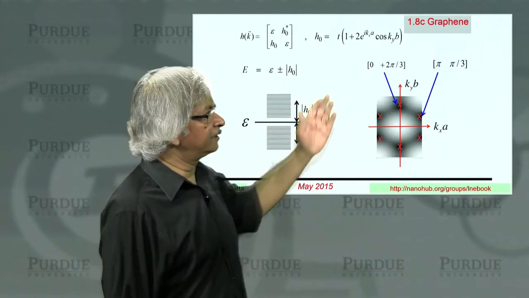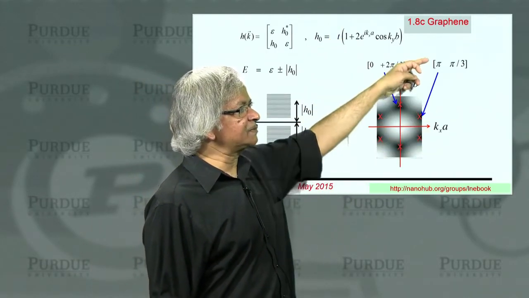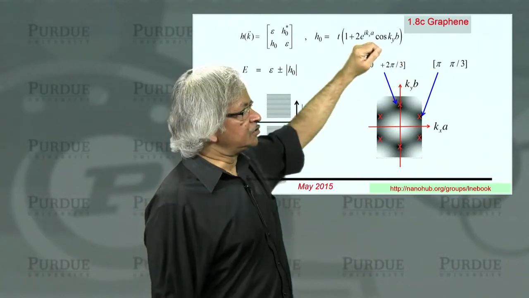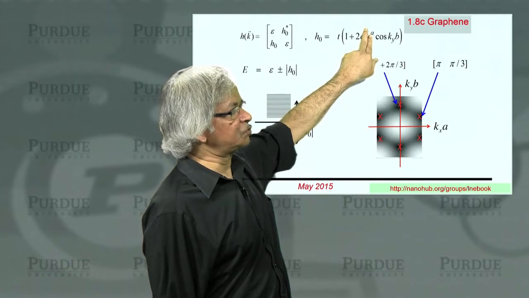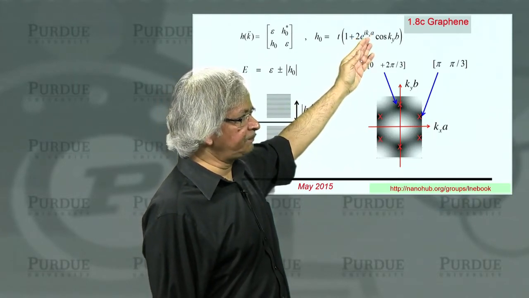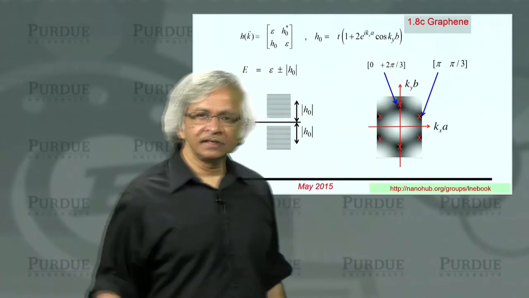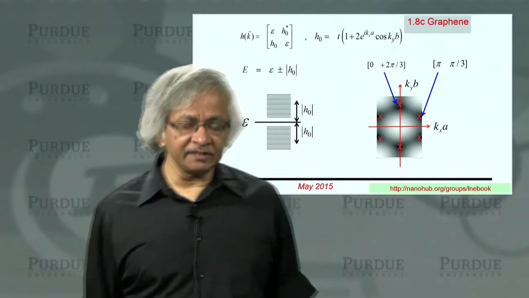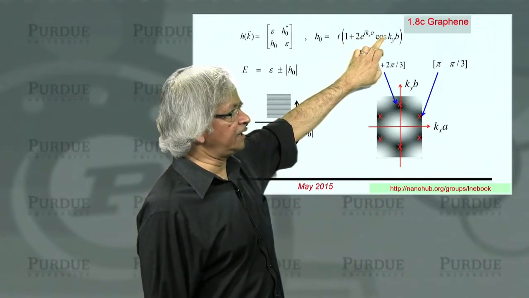Another place where this goes to 0 is this one, where kx is pi. Because kx is pi, this is e to the power i pi, which is minus 1. So it is 1 plus 2 times minus 1 times the cosine of pi over 3, which is half, cosine 60 degrees. So it's 1 plus 2 times minus 1 times a half.